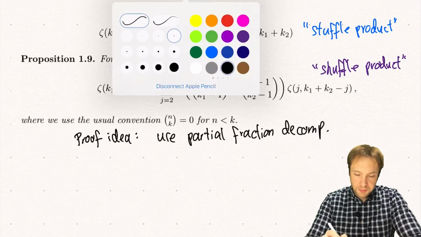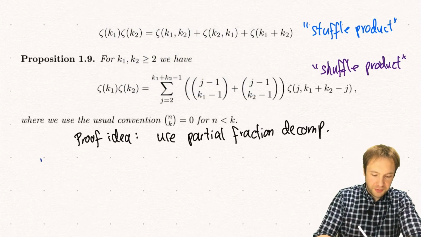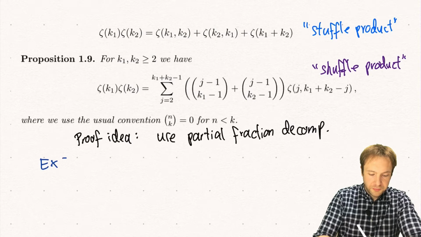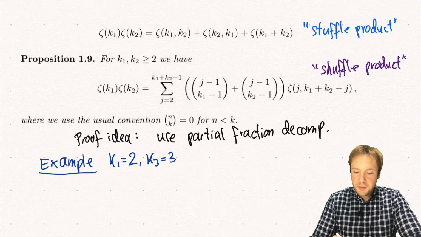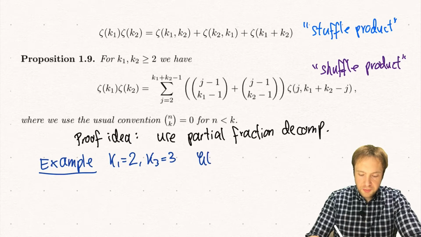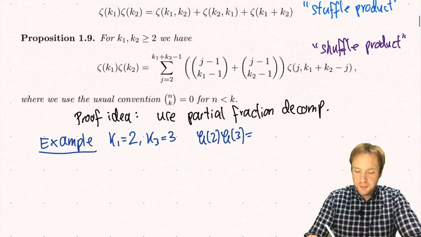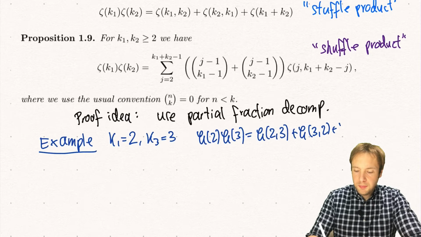So for example, let's say k1 is 2 and k2 is 3, then the stuffle product, zeta 2 times zeta 3, is zeta 2 3 plus zeta 3 2 plus zeta 5.